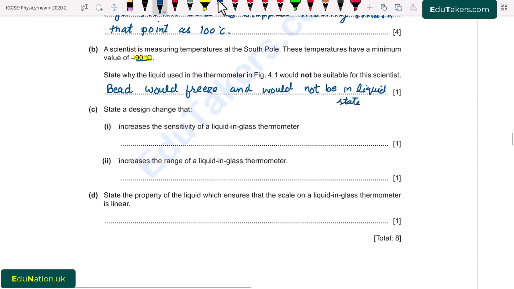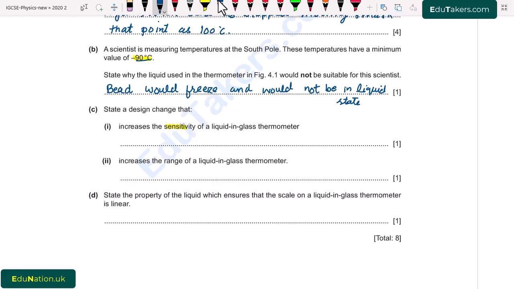Part C. State a design change that increases the sensitivity of a liquid in glass thermometer. So, how can we increase the sensitivity of a liquid in glass thermometer? To increase the sensitivity, you can use a thinner tube. In this way, you can easily spot small changes in temperature.